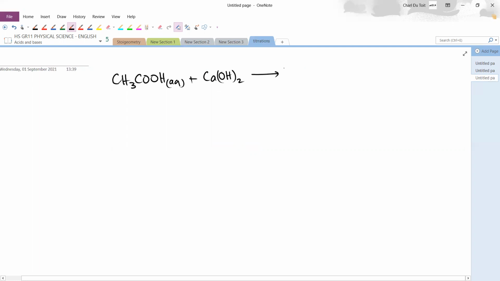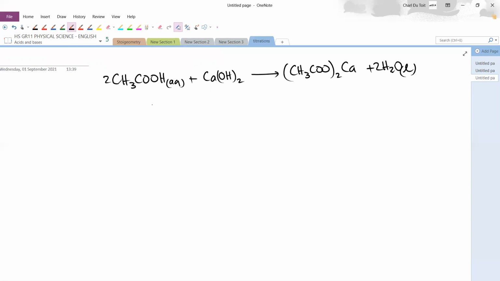And that will give me CH3COO twice with calcium, plus water, liquid. I'm not going to worry about the subscripts now. So I'm going to have 2 there and 2 waters there. So I have acetic acid plus calcium hydroxide will give me calcium acetate and water.